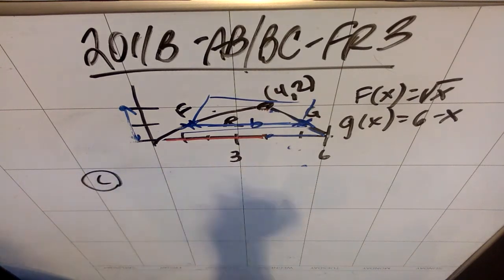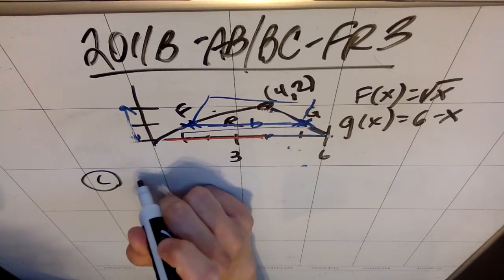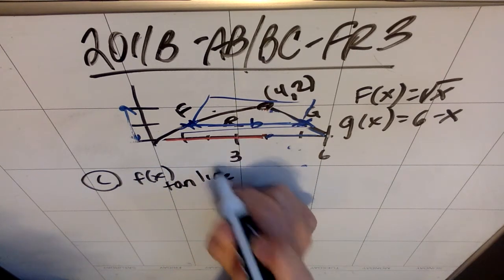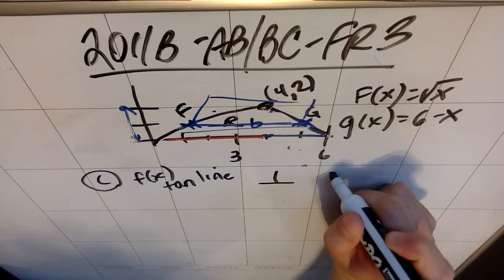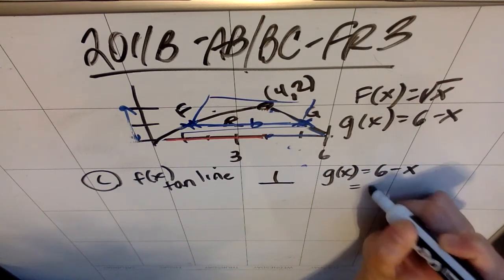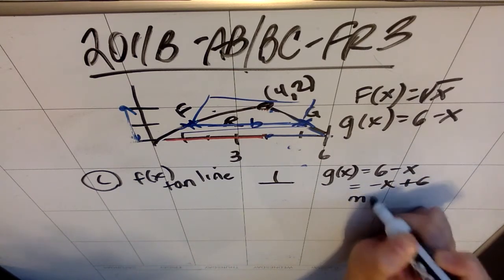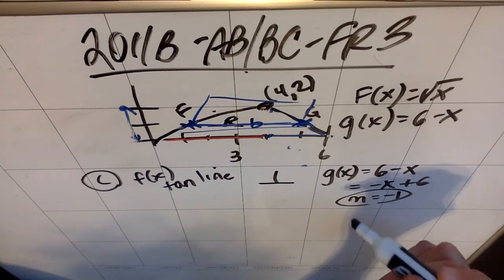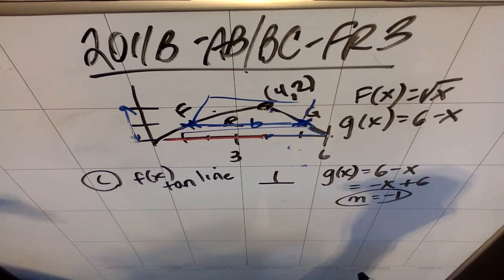In part C, they're saying that there is some f of x tangent line that is perpendicular to the g of x line. Well, g of x is negative x plus 6, meaning g of x has a slope of negative 1. What it means to be perpendicular is that you have an opposite reciprocal slope.